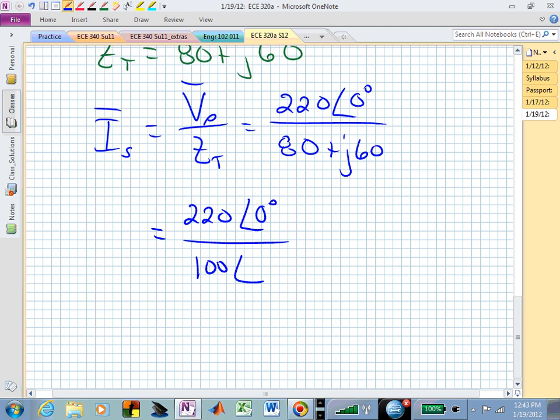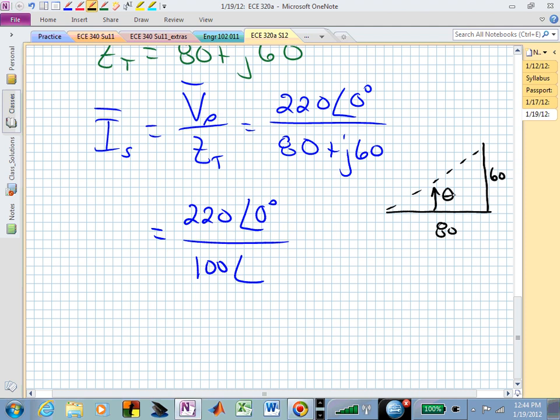If I drew a triangle relative to this impedance and I was going from rectangular to polar, that's what I'm doing visually. I'm sketching this impedance 80 plus J60. I'm going over here 80, and I'm going up here 60.